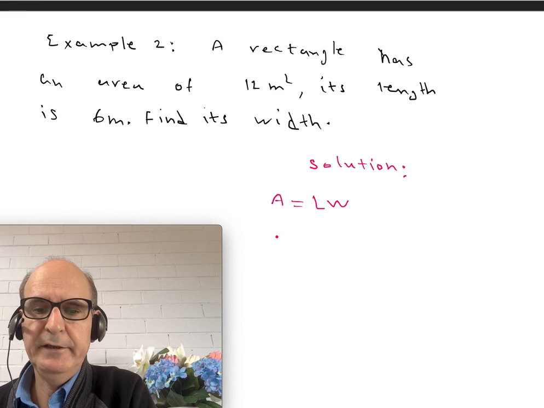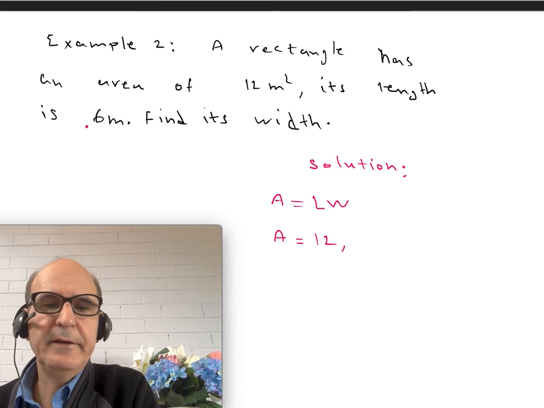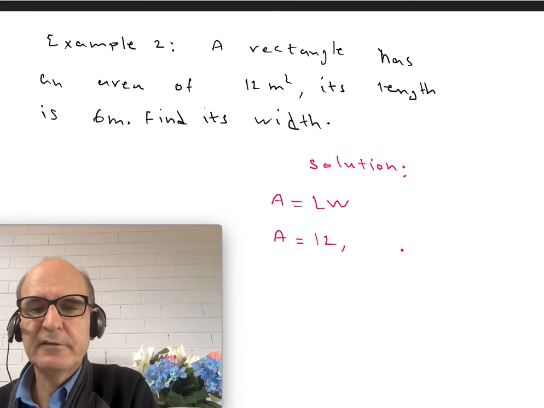So I write A equal to 12. Don't worry about units. And its length is 6. So L is 6. That also is given to me. What is unknown is width. They ask me to find its width. So W equal to question mark. I don't know.